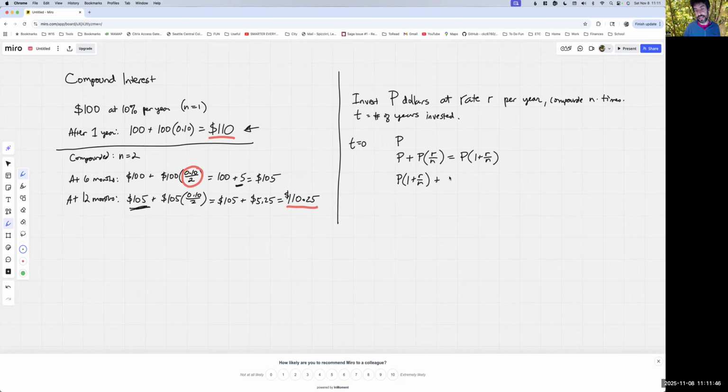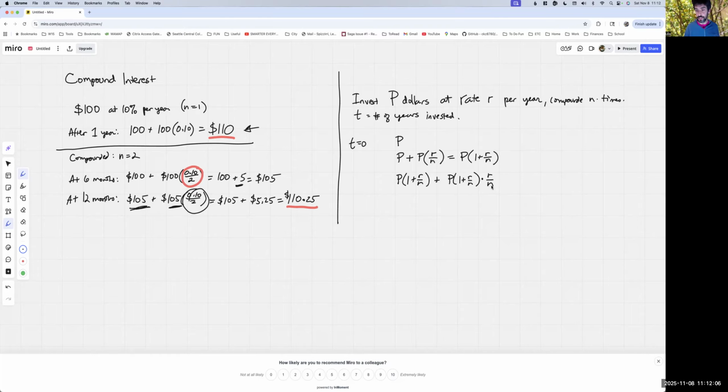And we're going to take that amount and multiply it by that little bit of interest we got again. That's what's happening right here. We took that same amount and then multiplied it by the 10% divided by 2. In this case, it's maybe 10% divided by 12 or 5% divided by 6, whatever the rate is and whatever N is.